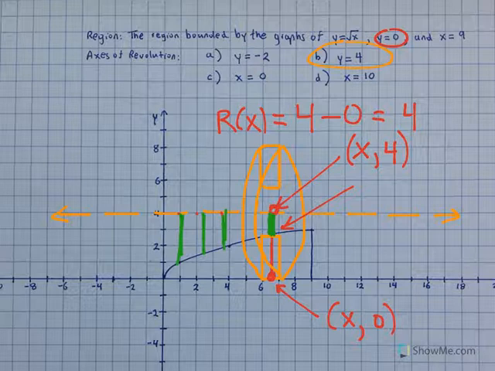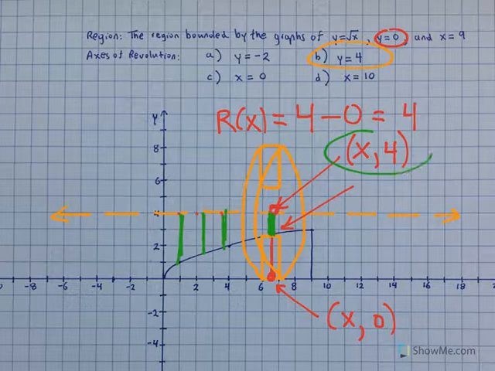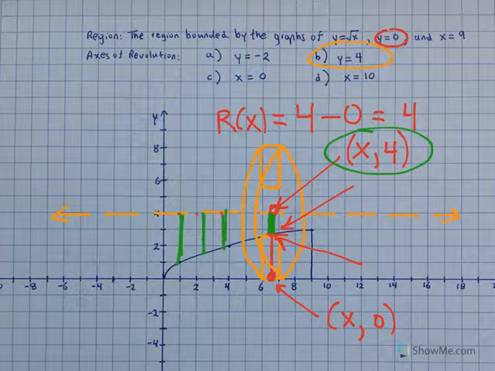And to find the length of an arbitrary vertical line segment between the axis of revolution and the inside edge of a washer, you're going to have to label the coordinates of the top and the bottom endpoints. We've already labeled the coordinates of the top endpoint. It's on the axis of revolution. We did that earlier. And now we're going to label the coordinates of the bottom endpoint, which is right here. And this endpoint is on the graph of y equals square root of x. So it will have coordinates x, square root of x.